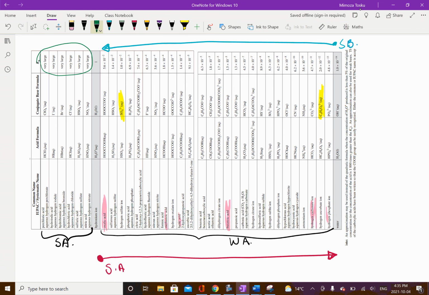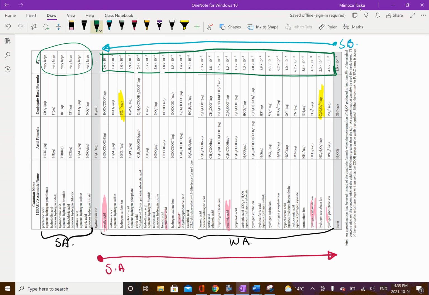They are considered to be fully, 100% ionized. On the other hand, those numbers here are telling us what is the Ka value of each of those weak acids.